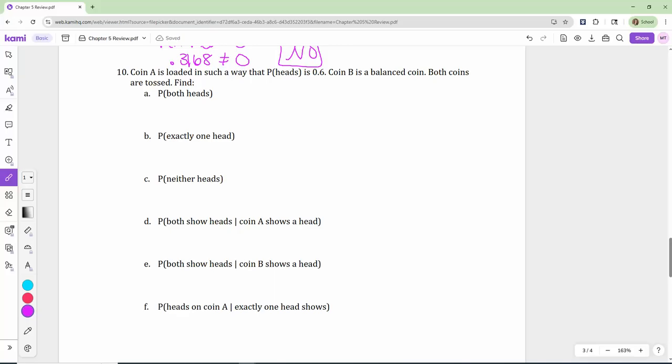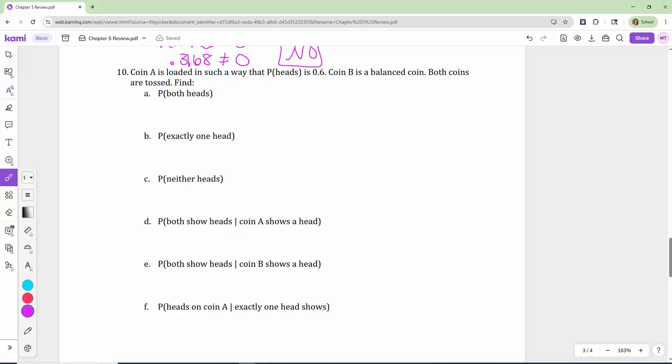Let's look at this. Coin A is loaded in such a way that the probability of heads is 0.6. Coin B is a balanced coin. Both coins are tossed. Find the probability that they are both heads. How would I do that?